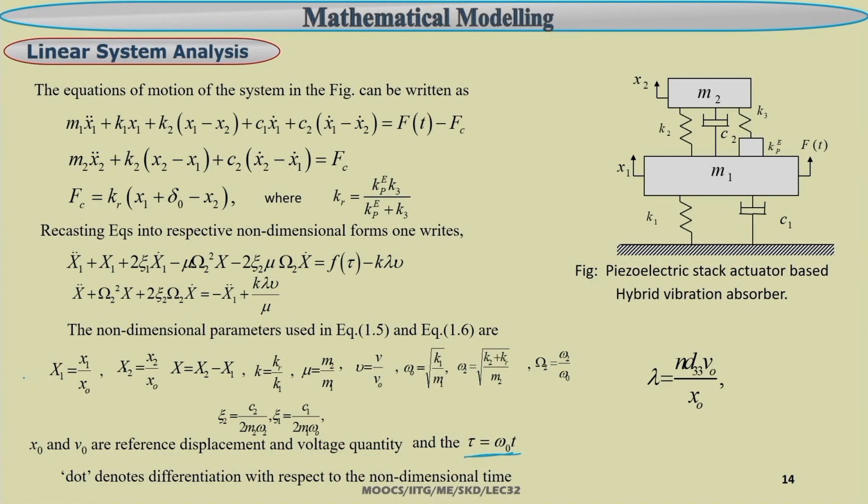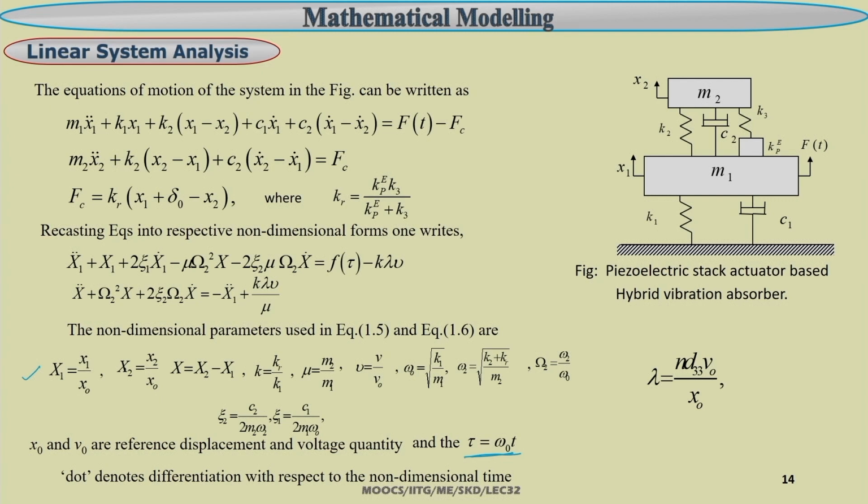We also take non-dimensional displacement parameters x1 equal to x1 by x0 and x2 equal to x2 by x0, x equal to x2 minus x1, k equal to k3 by k1, mu equal to m2 by m1, and V equal to V by V0, where V is the voltage applied.